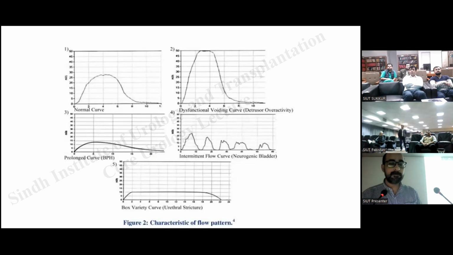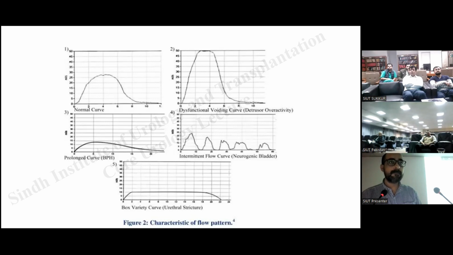This is how BPH will present usually, but intermittency is also part of BPH. What happens is that these lateral lobes, when the patient relaxes his sphincter, do not allow the urine to pass through, and a very poor stream comes out. That is why there is a flattening of the curve.